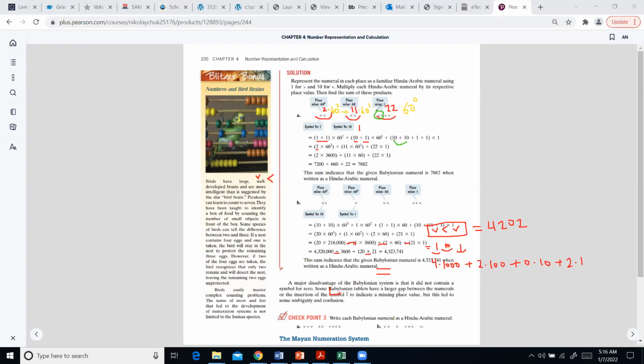And when you add them all together, you will see the Hindu Arabic representation of numbers. So if you multiply 2 by 3600, and then 11 by 60, and then 22 by 1, that's exactly what they did here. 11 60s and 22 1s, and put them all together, they get actually 7,882.